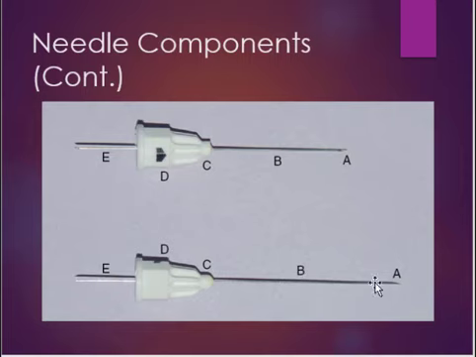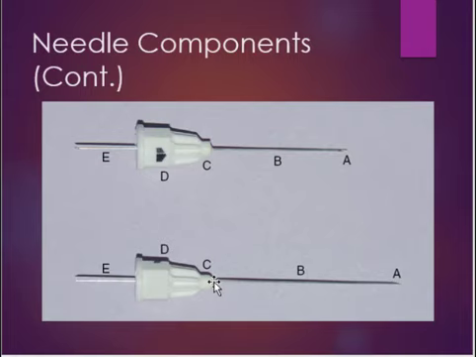From the tip of the needle through the hub to the piece that penetrates the diaphragm of the cartridge. Now, breakage of the needle is rare, but it can happen, especially when the entire shaft of the needle is inserted to the hub. So you never want to insert all the way to the hub.